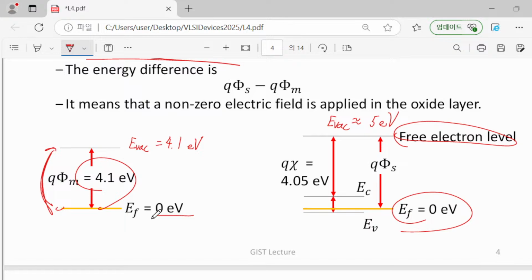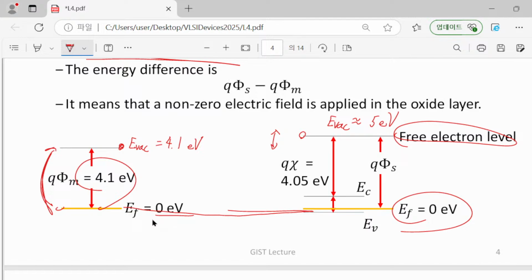However, since we are talking about highly doped p-type silicon, values will be around 5 eV. So when we attach two materials together, although the Fermi level is aligned, if we consider the vacuum level of these two materials, they are not aligned at all. Here and here we have a certain difference. So what does it mean? It means that we have a certain electric field between them. So that is the conclusion.